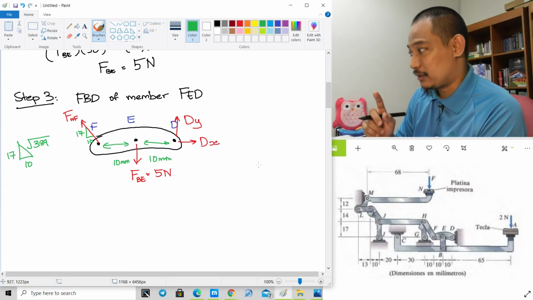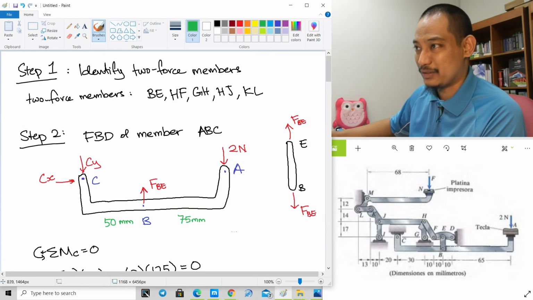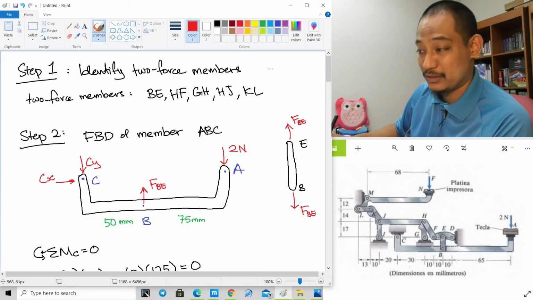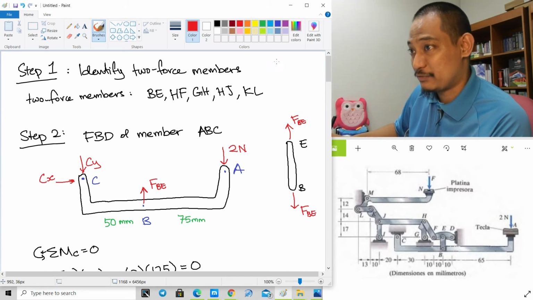Of course, early on, what is question 1? I have to mark it here first. In this particular question, if I understand correctly, what is F?